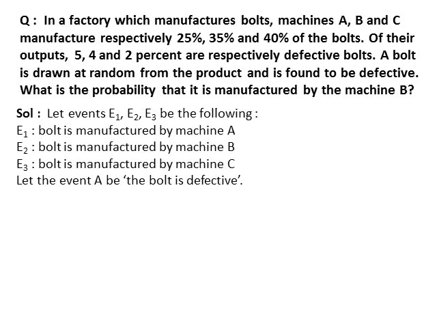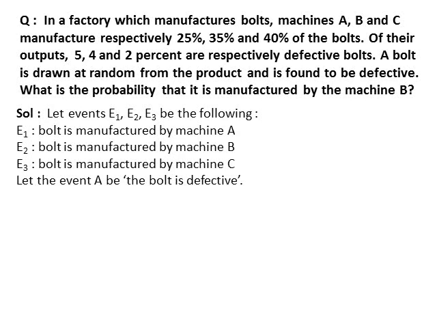Let E1 be the event that the bolt is manufactured by machine A, E2 be the event that the bolt is manufactured by machine B, E3 be the event that the bolt is manufactured by machine C, and A be the event that the bolt drawn is defective.